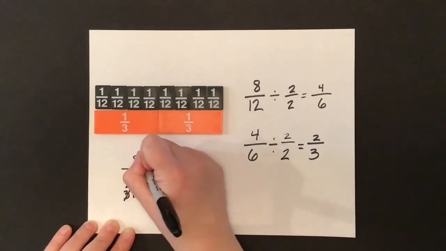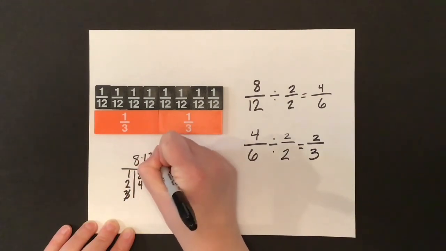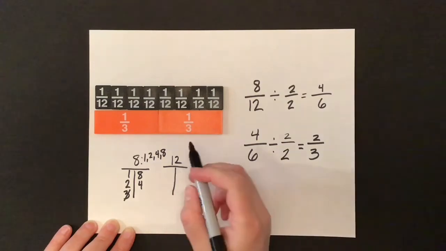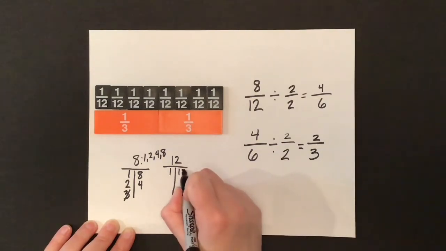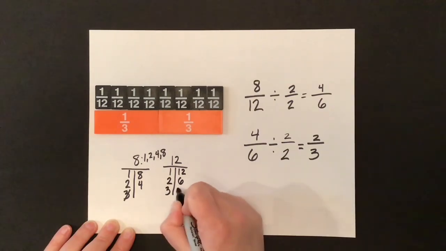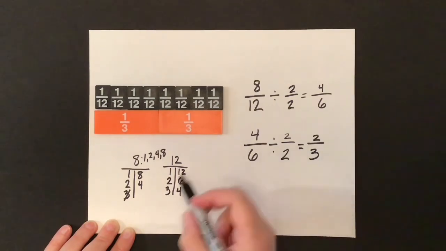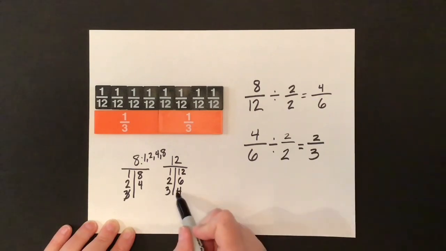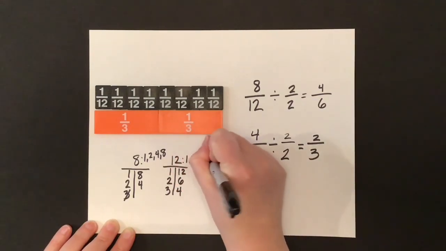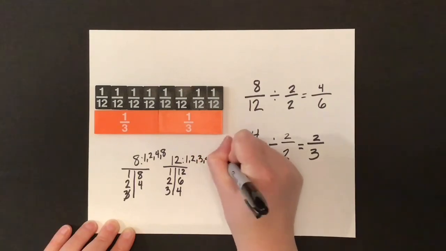So 1, 2, 4, and 8. And then 12 has quite a few factors. 1 times 12, 2 times 6, 3 times 4, and that finishes it out. So 1, 2, 3, 4, 6, 12.